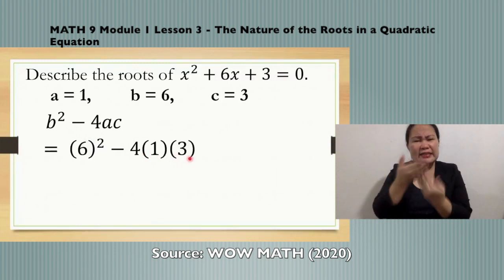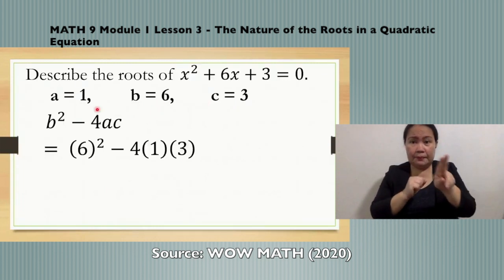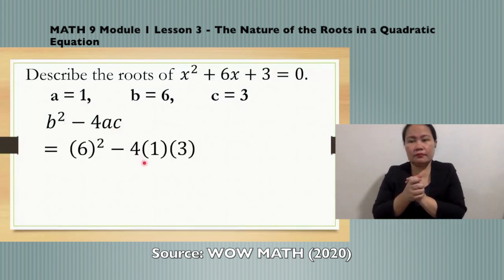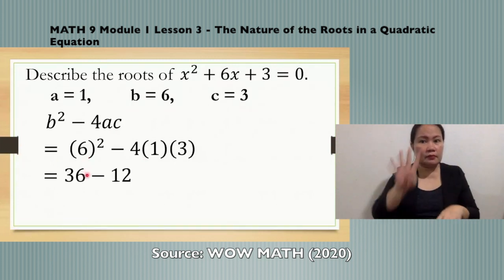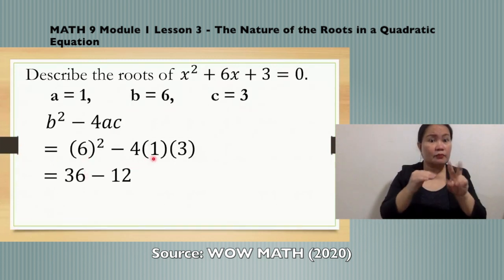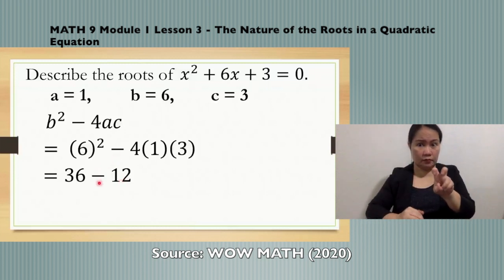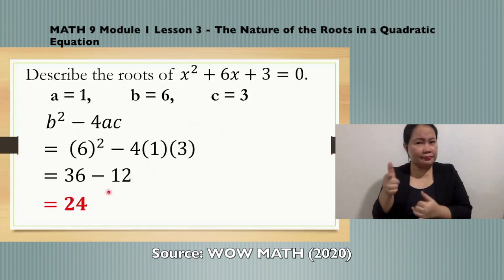So, ang pagsasubstitute, madali lang. You will just look at your values. Dito ka lang magbe-base kung ano yung mga variables mo dito, yun lang yung lalagyan natin. Okay? So, our 6 squared is 36. And then 4 times 1 is 4 times 3, that is 12. Since this is minus, we will have 36 minus 24. Now, 24 is a positive.